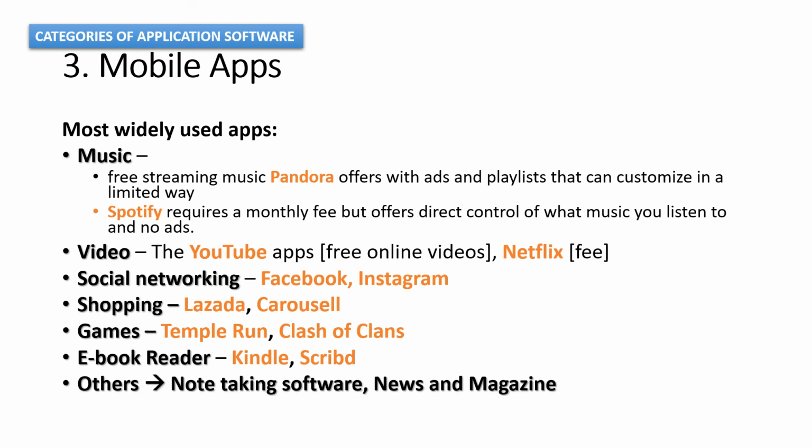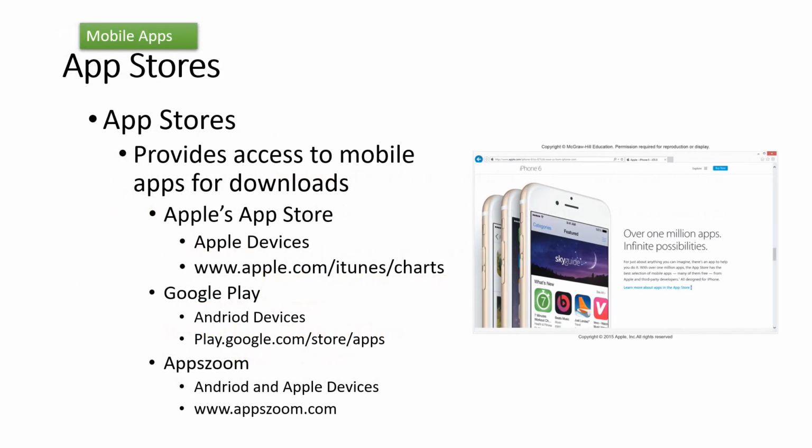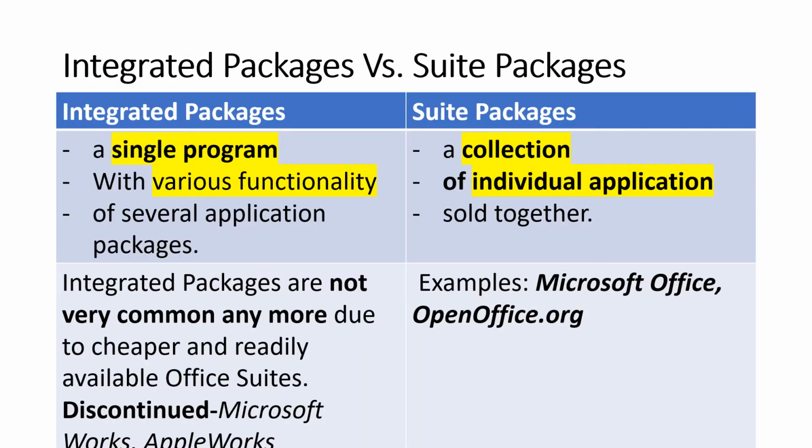You can look at your own phone and describe your needs and also what other apps that you use. Mobile apps, we definitely download from an App Store. It can be Apple App Store, Google Play, and other app stores.